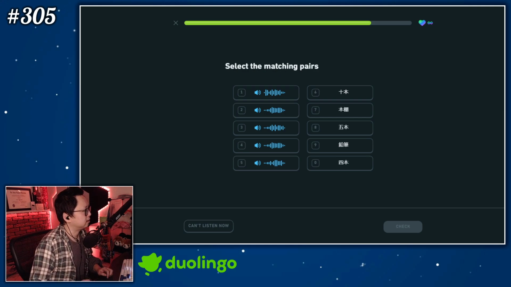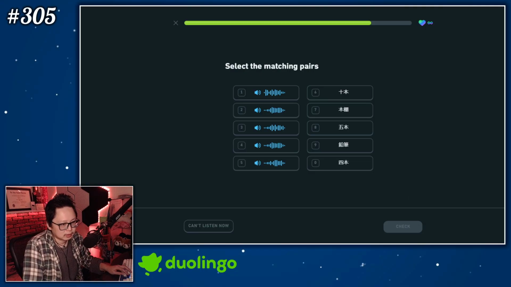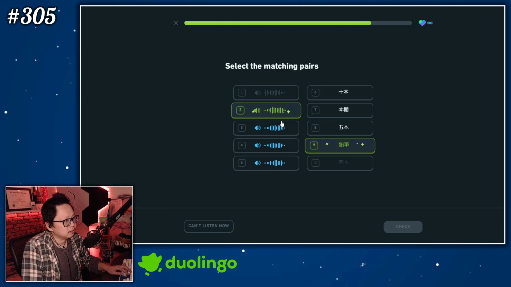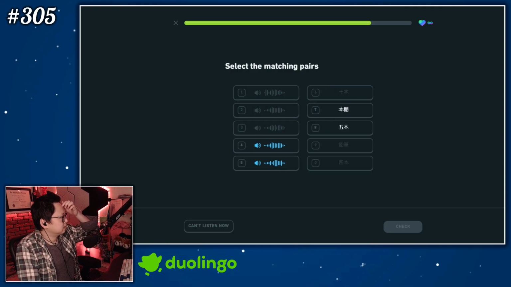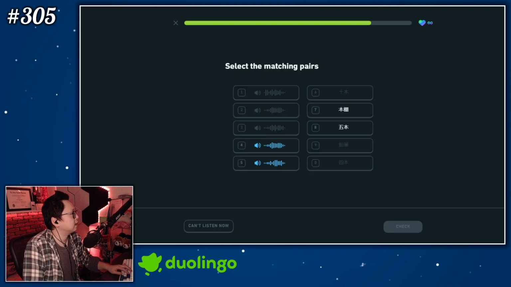Oh yeah, it is Jeepon. That's been completely erroneous for a very long time now. Okay, 4本, Yohon. Just for these exercises, basically. 鉛筆, Enpitsu. So Jeepon, 10本, Jeepon is what they want, which comes up. Yeah. Interesting. Oh, it's in another form.